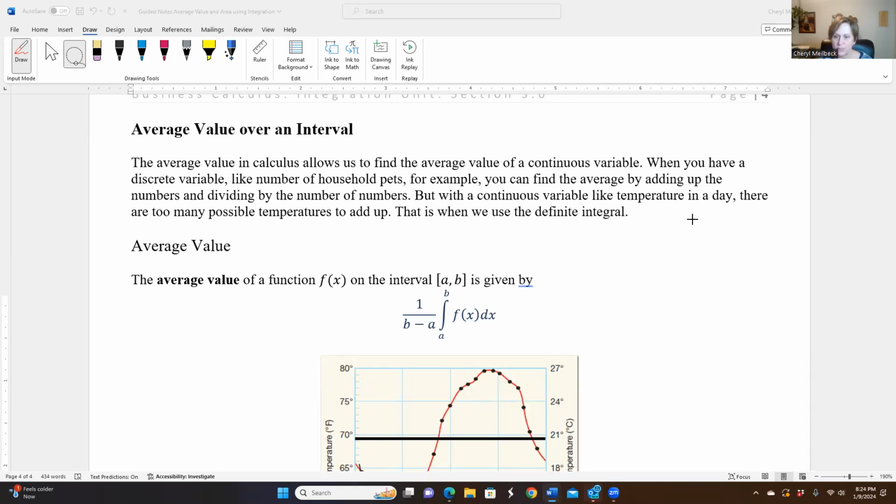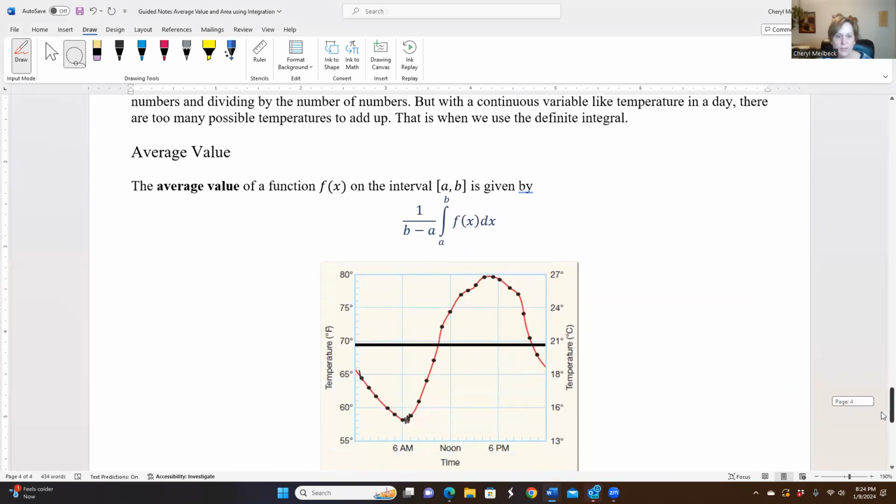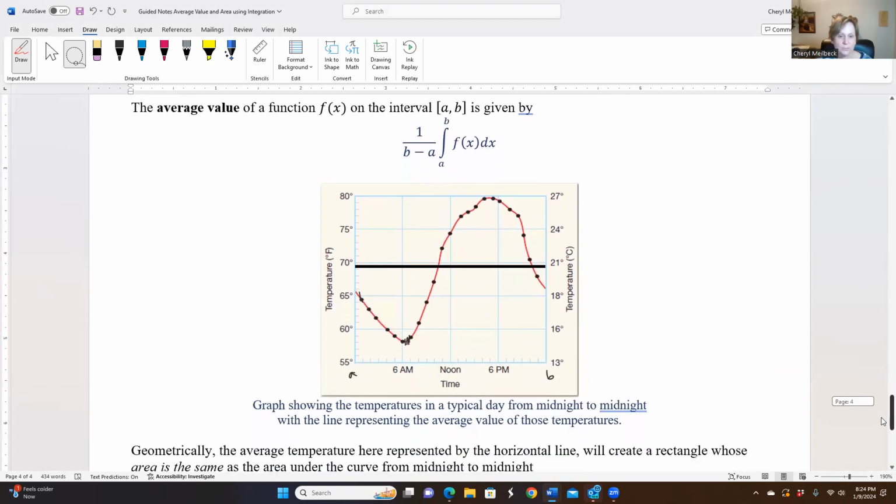That is why we use a definite integral. Down here, we have a picture of that very situation. Here are the temperatures in a 24-hour period from midnight to midnight. We'll call this A, and we'll call this B. It gets colder and then it gets warmer.